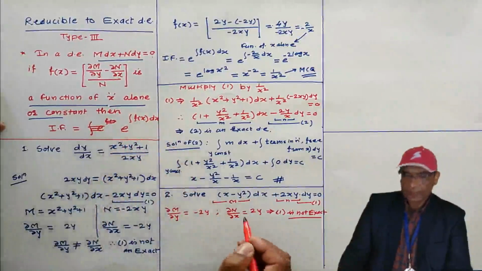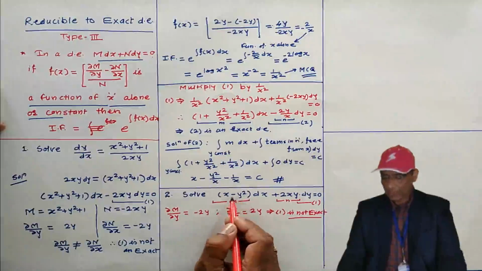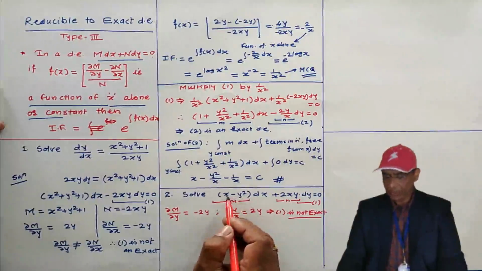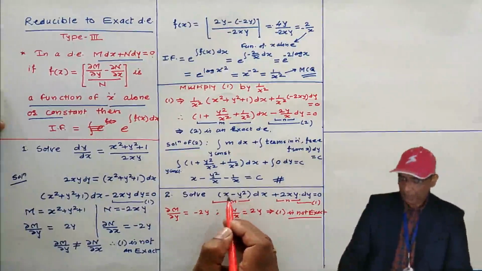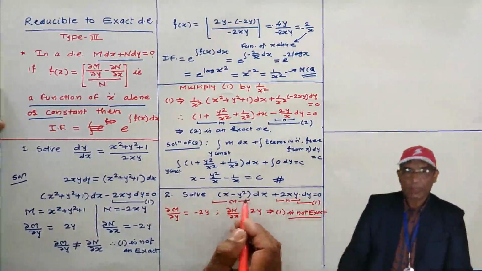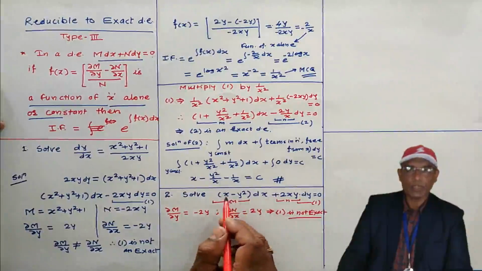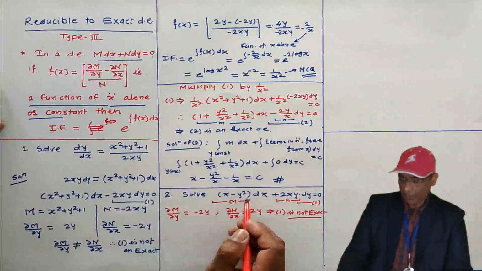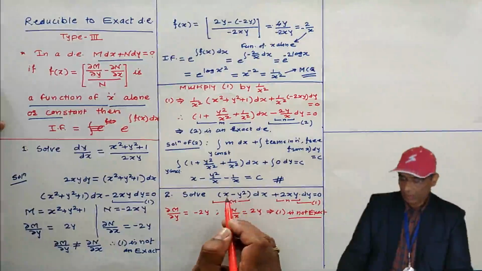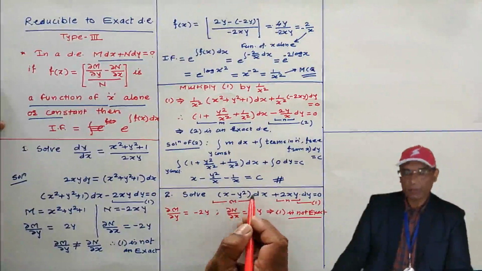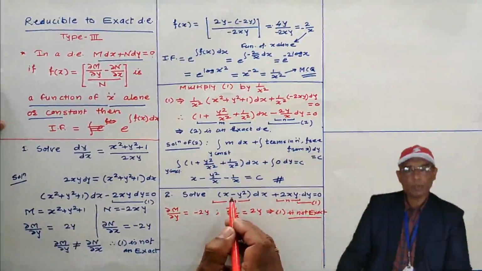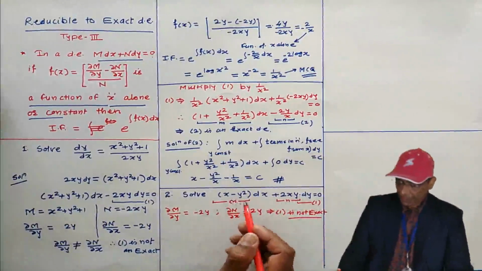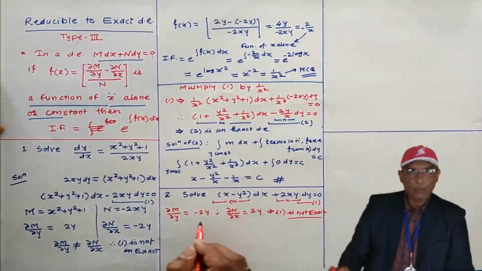This equation is not homogeneous because the degree of each and every term is not the same. The degree of this term is 1, the degree of this term is 2. This is not homogeneous. This equation is not of the type f1(xy) y dx plus f2(xy) x dy, because in that case we want the y dx term and x dy term, and in each term the power of x and power of y is the same. So 1 by (mx minus ny) we cannot use.